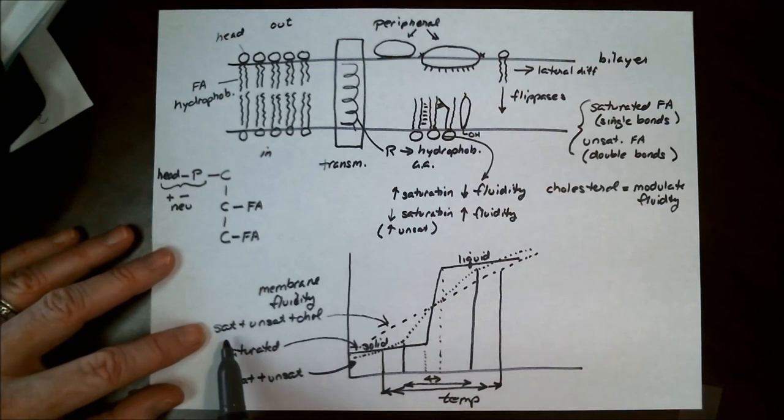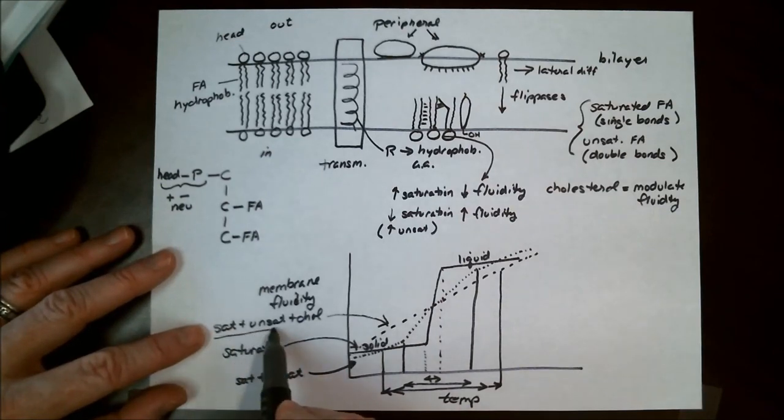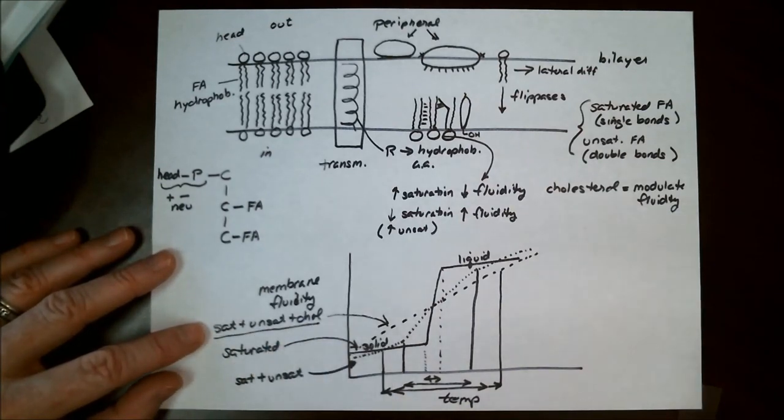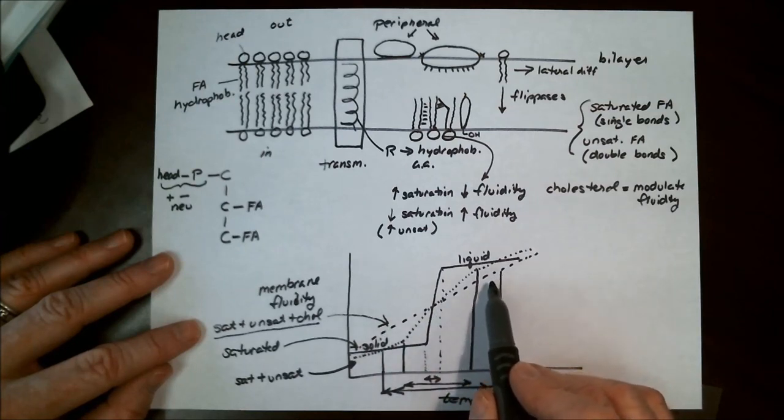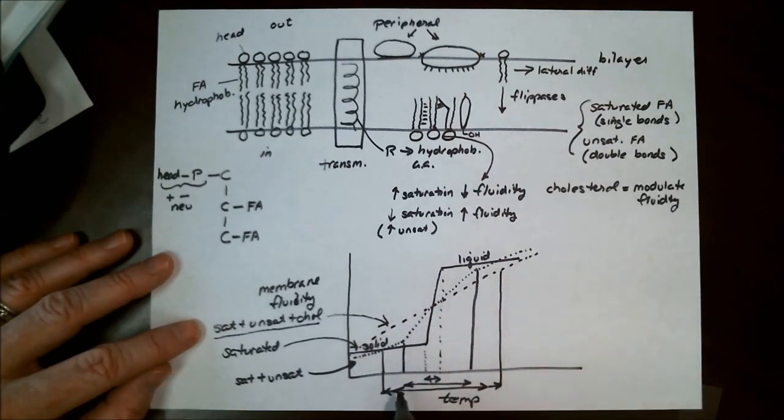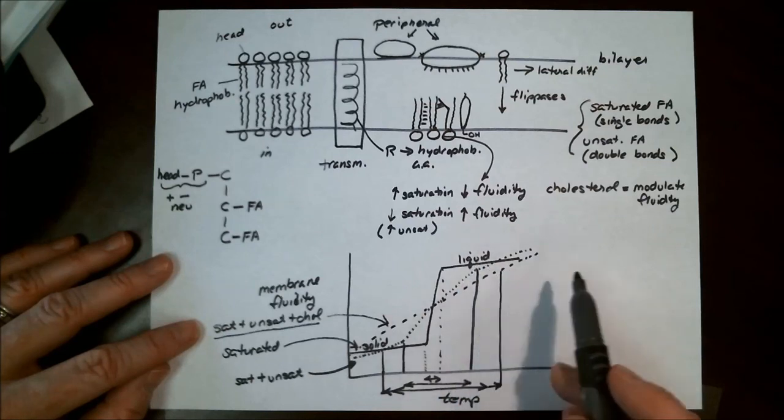So by having saturated and unsaturated fatty acids as well as cholesterol, we have a sufficient amount of molecular interactions here to cause a perfect membrane fluidity case across the temperature range that we live at. We don't have anything too solid at low temperatures or too liquid at high temperatures.